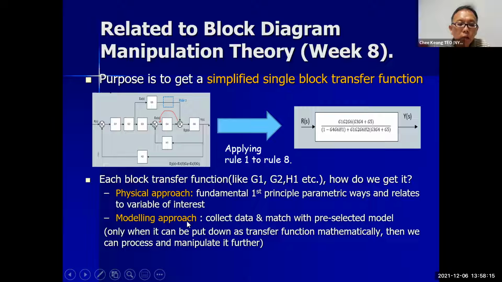The second way is the modeling approach, that is, collecting data and matching it with a preset model. Only when it can be put down as a transfer function mathematically can we process and manipulate it further, right? A lot of times, if you cannot put it in a mathematical formula, then controlling or manipulating it is a lot more difficult, right?